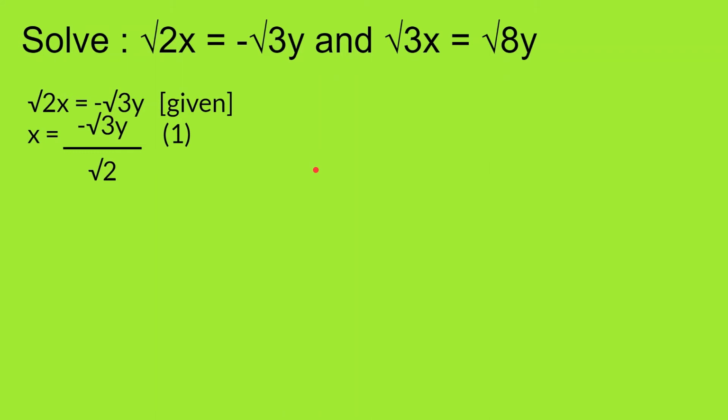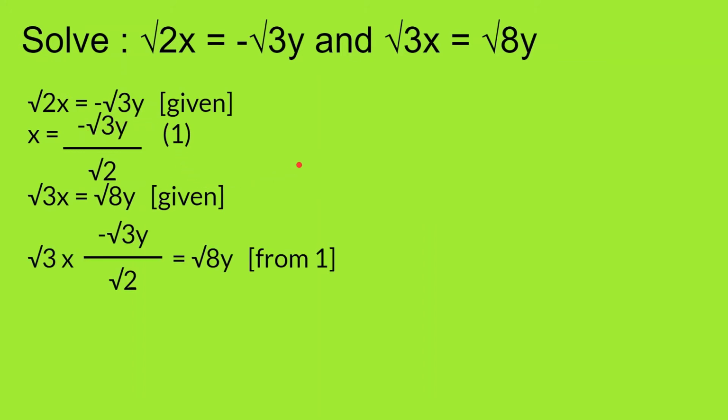So we are given that root 3 times x is equal to root 8 times y. So we'll plug in the value of x, that is the negative of root 3 times y upon root 2. So we have root 3 into minus root 3 y upon root 2 is equal to root 8 y from 1, which is important.